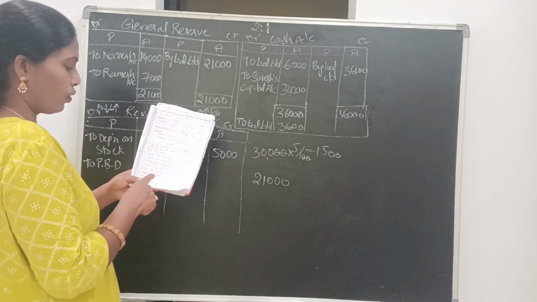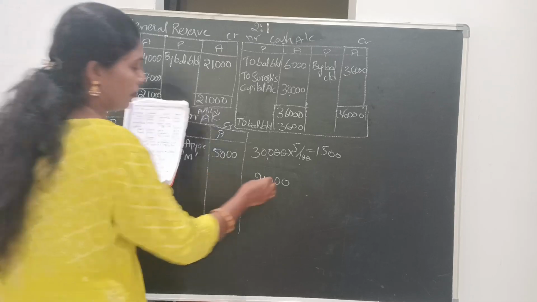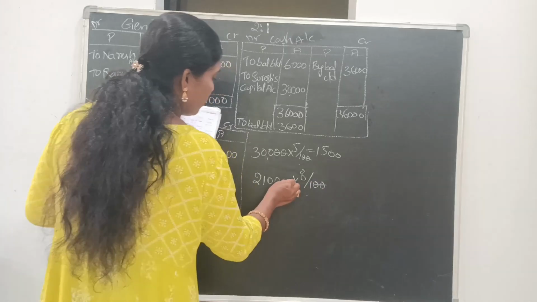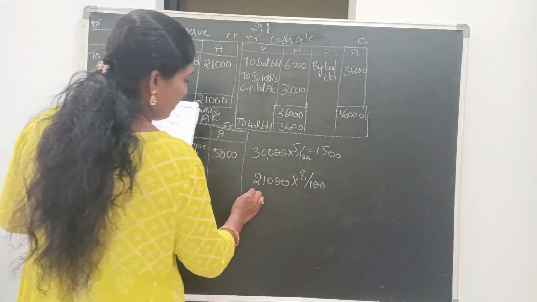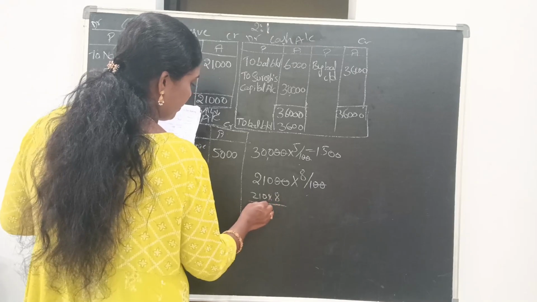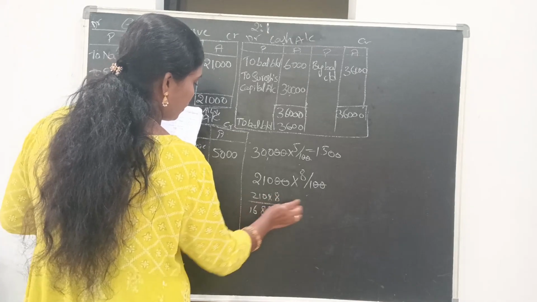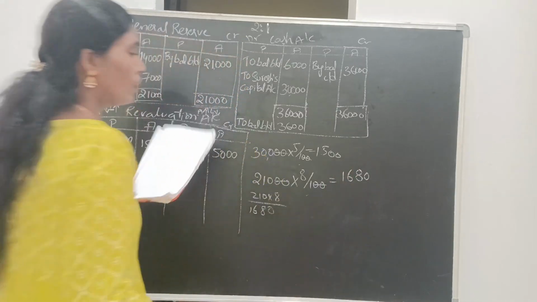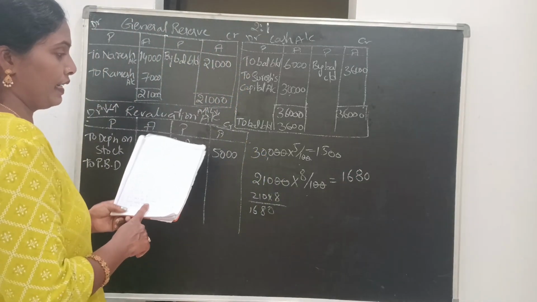So total provision is 8%. So 8 by 100, zeros cancel. 210 into 8, 1680. So 1680 is the total provision for bad debts.